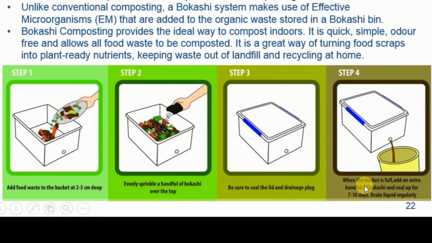When the bucket is full, add an extra handful of bokashi and seal it up for 7 to 10 days, and drain the liquid regularly. After a few days, a homogeneous compost material will be prepared.